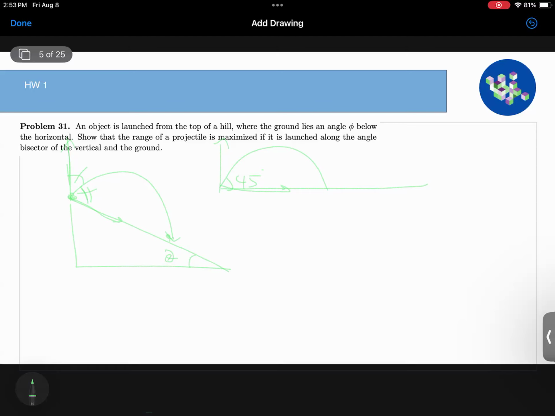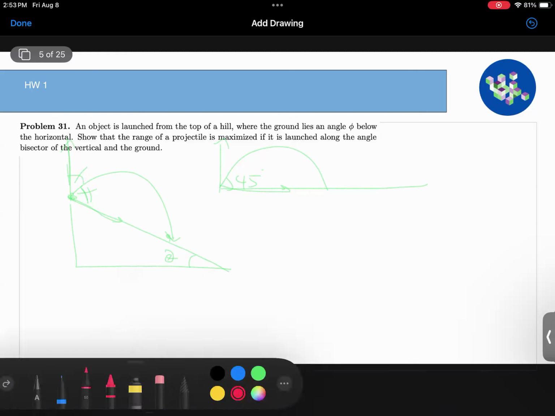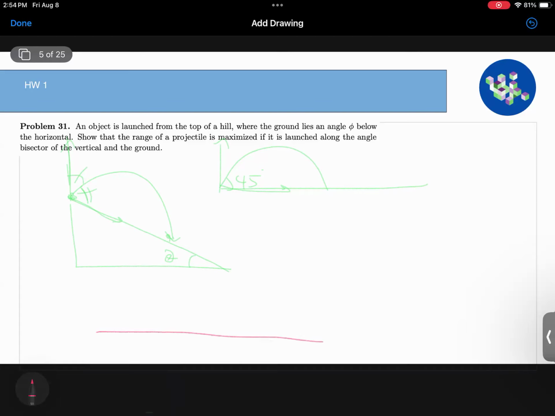Instead of looking at this, let me change the color for you. So we have the ground over here, and now I'm looking at the hill as flat instead of sloped. But the problem with that is that we need to change the direction of the gravitational field. In this case, my gravitational field was pointing this way, with field strength g.